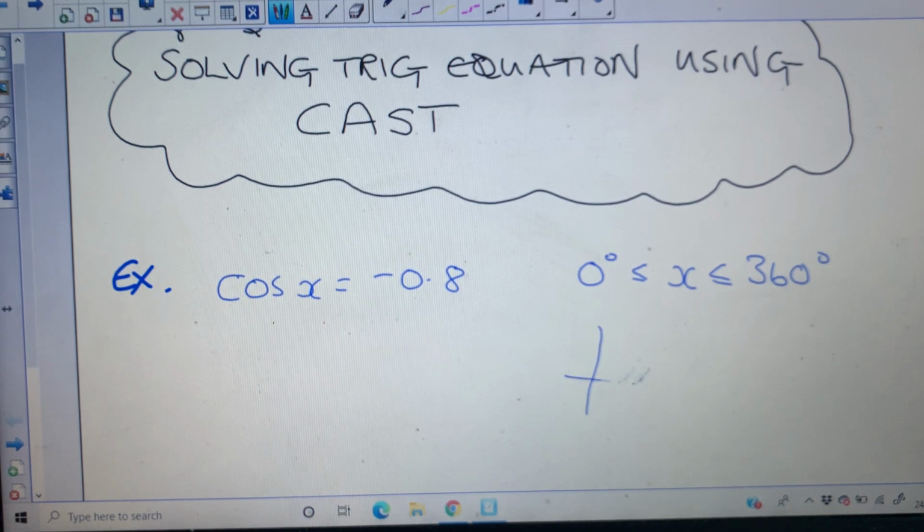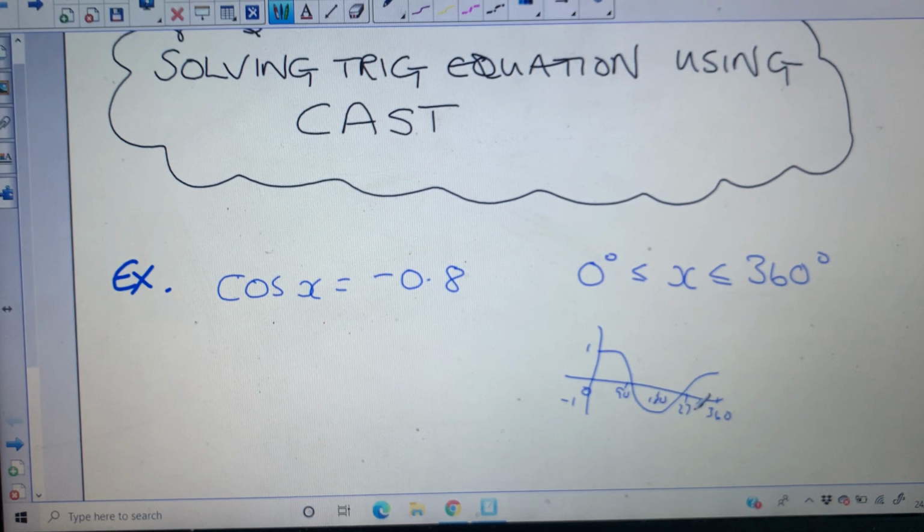Essentially, if we're drawing a little sketch of the curve, we're just looking at the little chunk of the curve that goes between 0 and 360.